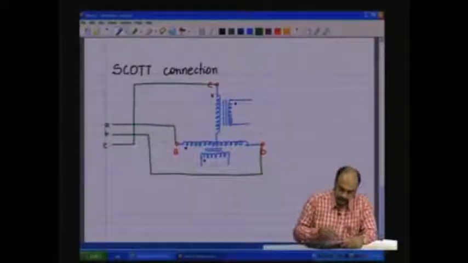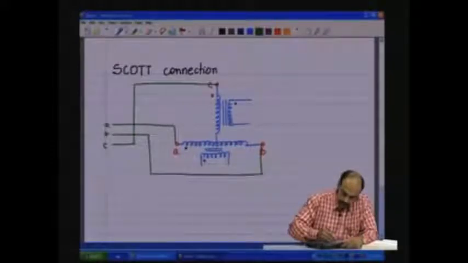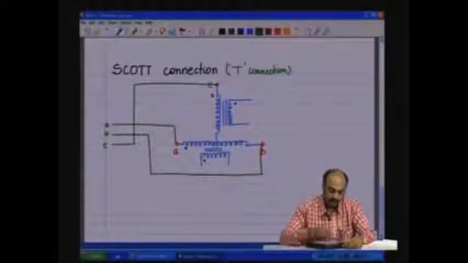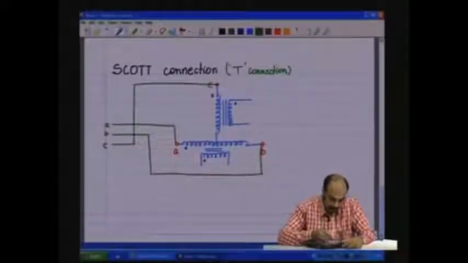So, this looks like a T, therefore, this is also called a T connection. Now, this is the center tap and we will call this as position M.